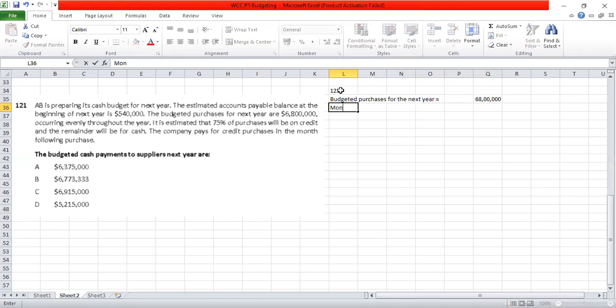Monthly purchases are this divided by 12. So then we have the credit purchases is equal to, so cash payments.